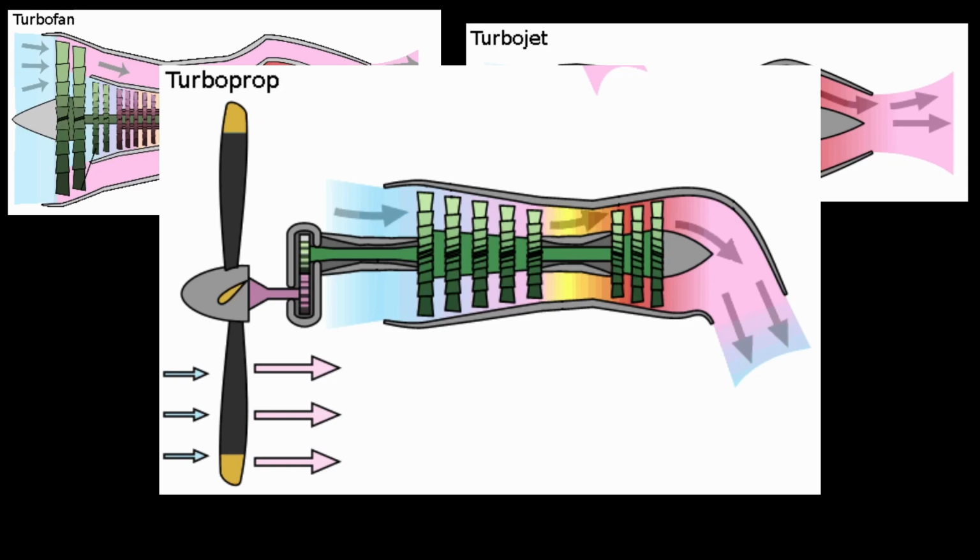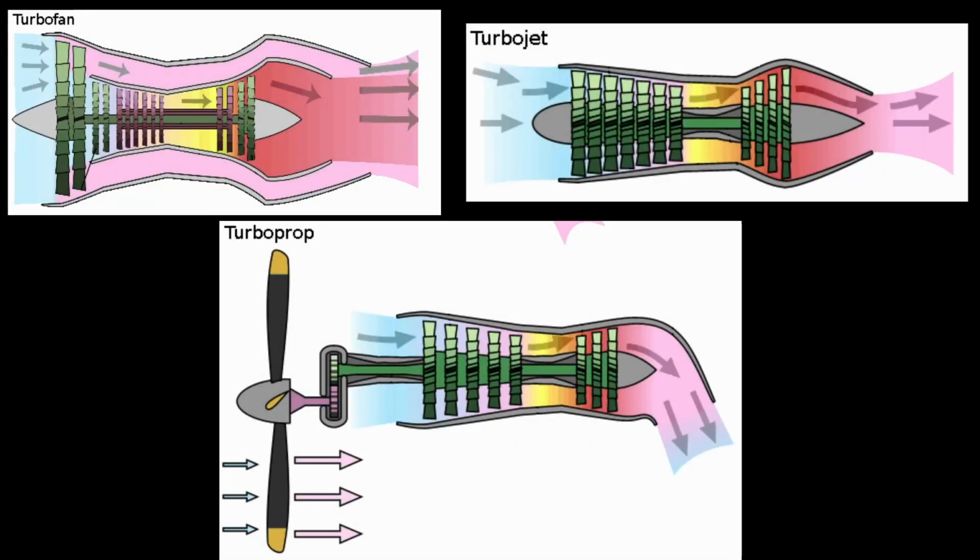The only thing that's generating thrust is the torque generated by the engine pushing that propeller. That propeller is what's generating everything. This is what you have with your primary trainers. Your T-6s, A-29s, PC-9s, things like that typically have turboprops. A lot of your propeller-driven cargo aircraft, C-130s and the like, are also turboprops like this.